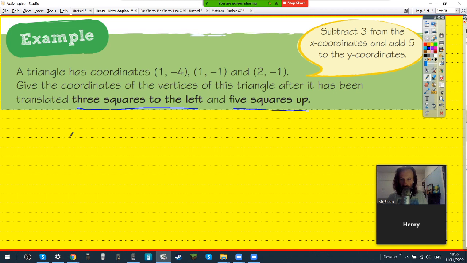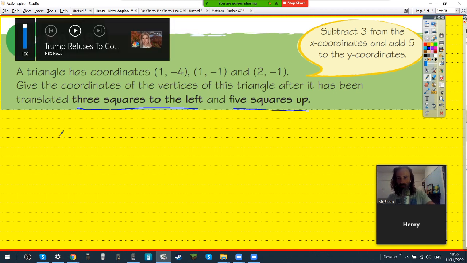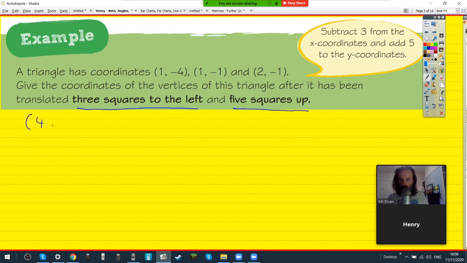So 1 and minus 4 would be 4, 1. 1 and minus 1 would be 4 and 4. 2 and minus 1 would be 5 and 4.